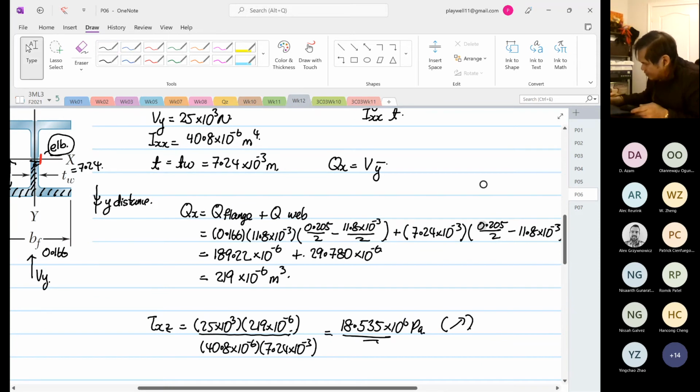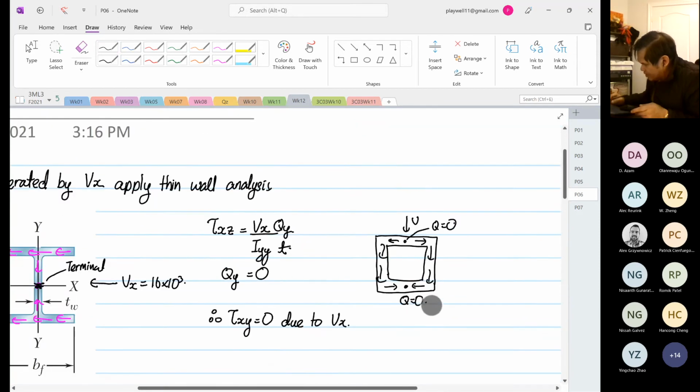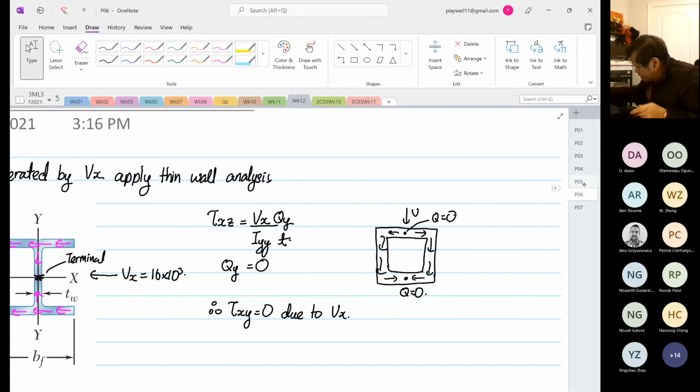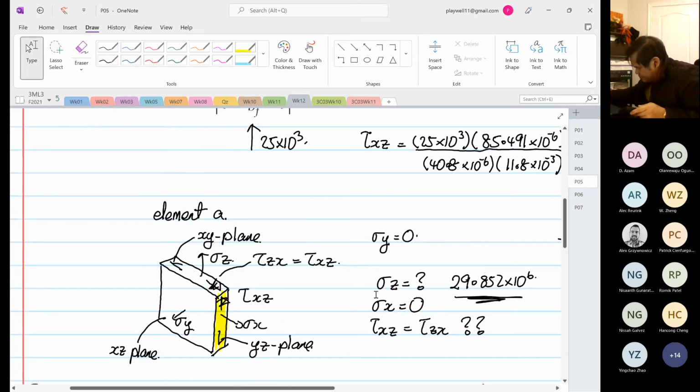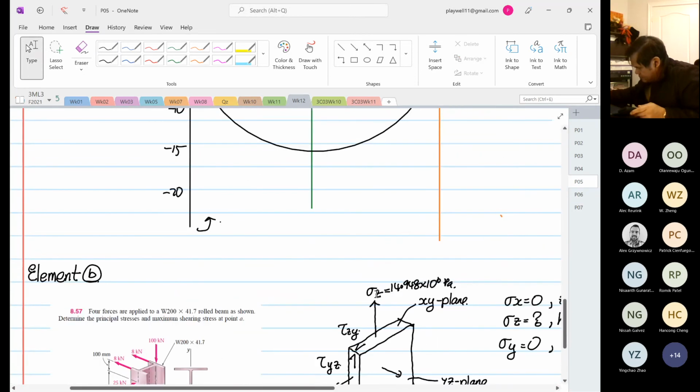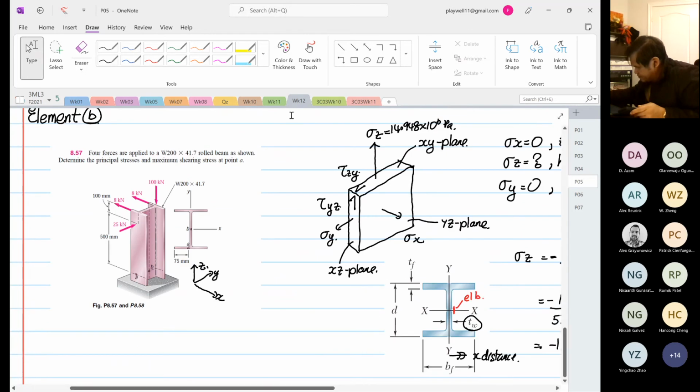So now we put everything in. We look at the element now. Okay, now this is our element.